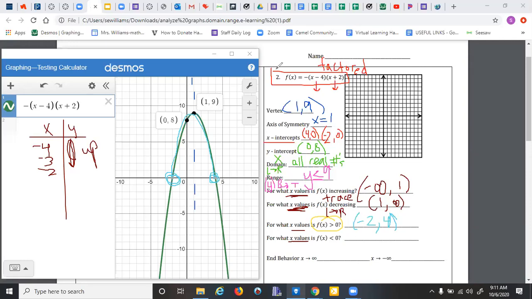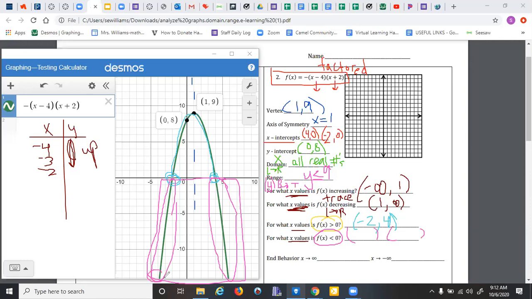All right, the next part, f of x less than 0, what does that mean? Below the x-axis. Yeah, so here is where it's below the x-axis. Unfortunately, that is 2 separate parts, this one and this one. So we have to write 2 separate intervals. Once again, we're talking about x values.